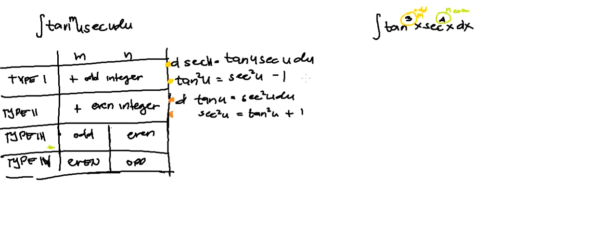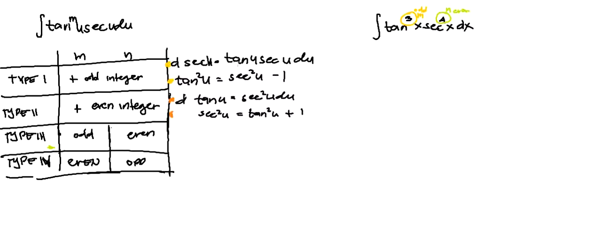So under type 3, we can use the technique for solving the type 1 combination of tangent and secant, or we can also use the technique for solving the type 2 combination. Okay, so in this video, let us first try to use the same technique we did in type 1.